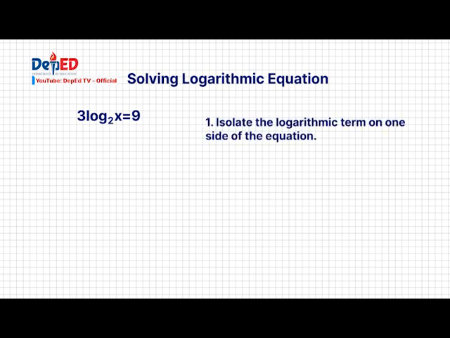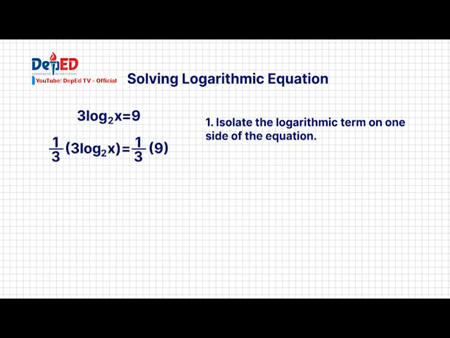The first step that we'll have to do is to isolate the logarithmic term on one side of the equation. Since the logarithmic term is already isolated on one side of the equation, we simplify by multiplication property of equality.